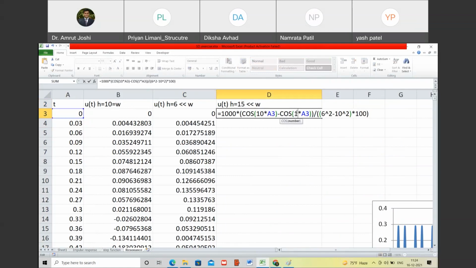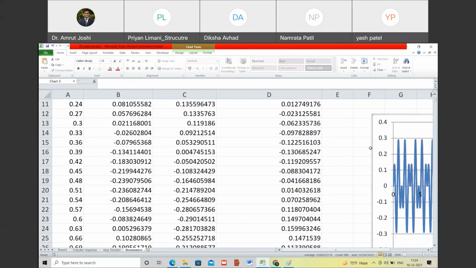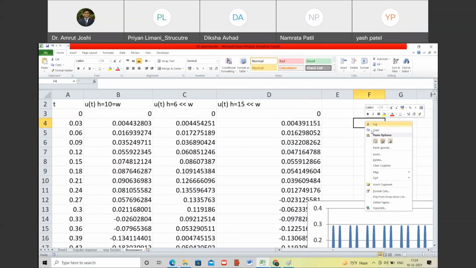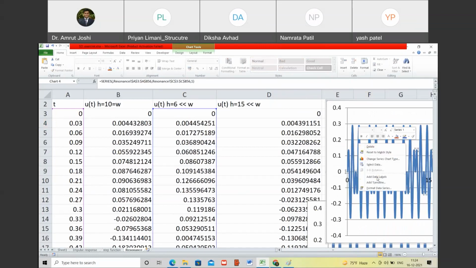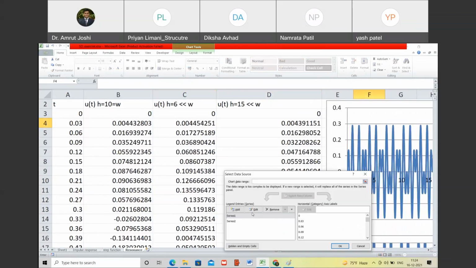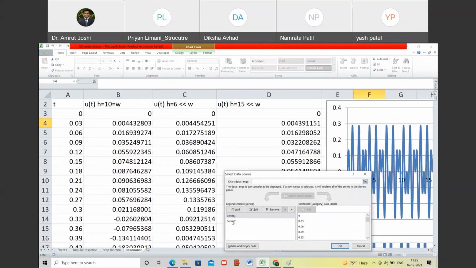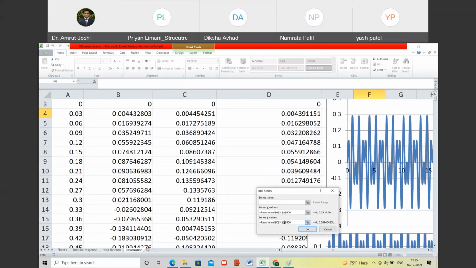Instead of this 6, I am going to have 15. That's all. Now I am going to copy this graph. Paste. And I'm going to change select data. Instead of C, we have to now plot D.